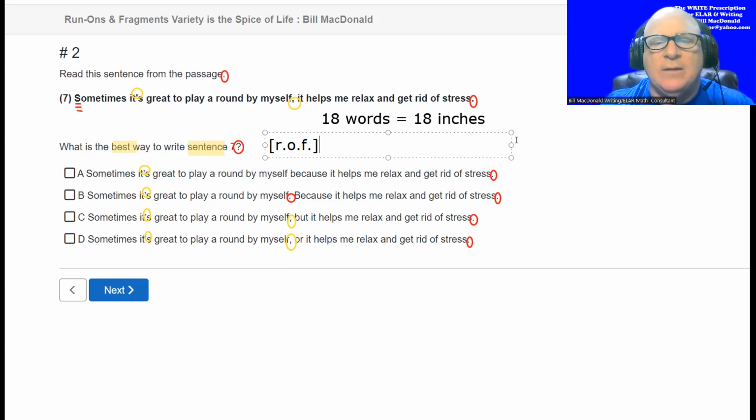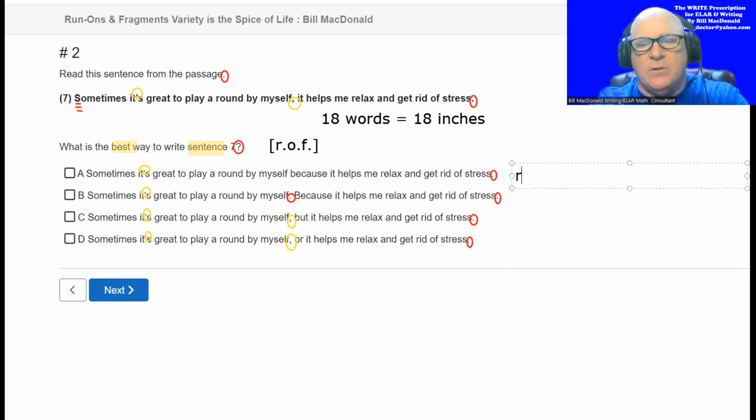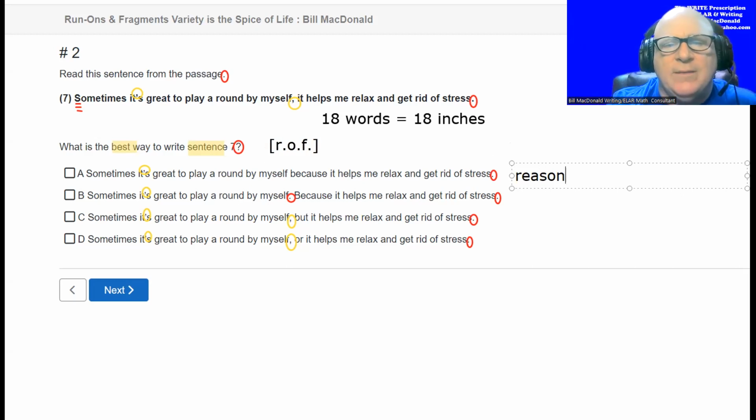Because that one is stating the reason that you're doing it, it's just adding the reason why you like to play a round of golf by yourself. We would think that that would be an acceptable idea. And if you're going to have this longer sentence, then you better make sure you connect the idea.